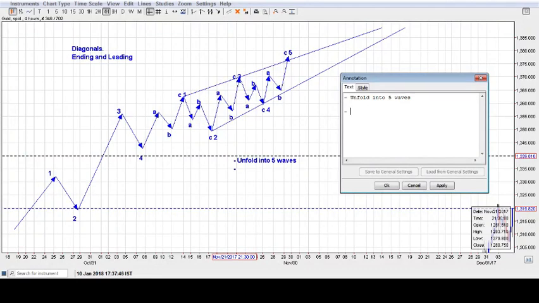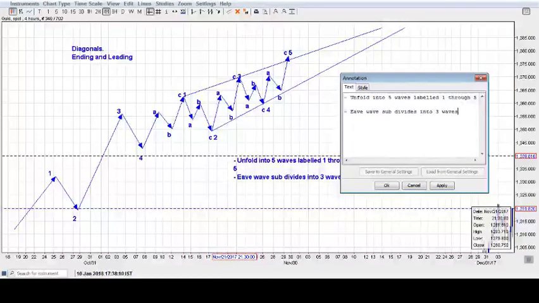Second, each wave, labeled 1 through 5, subdivides into 3 waves. That is, most of the time it's a zigzag kind of wave structure, A, B, C. Could be a flat as well, but most of the time you'll find a zigzag.